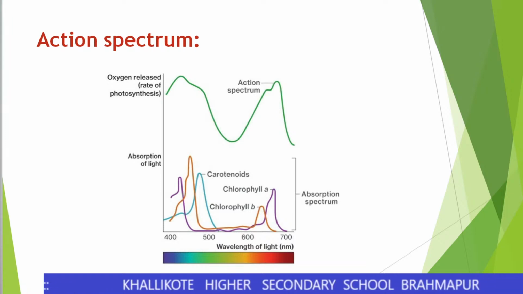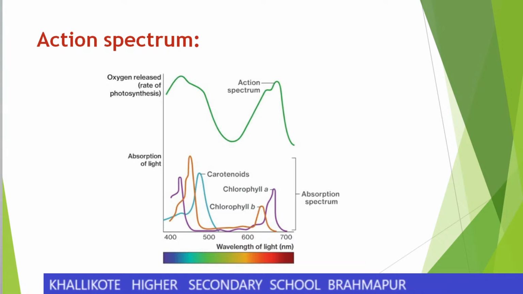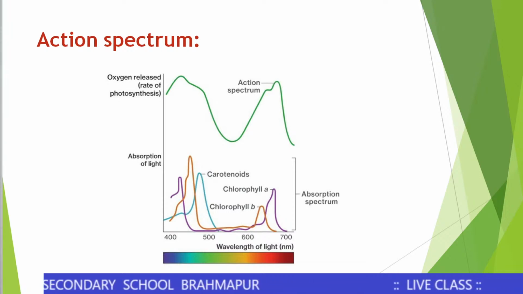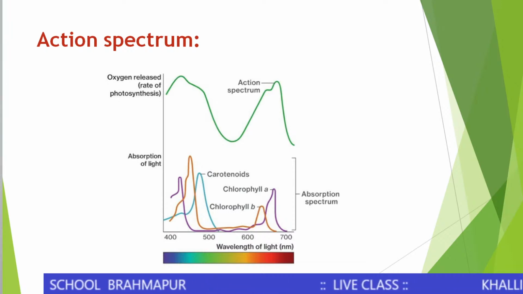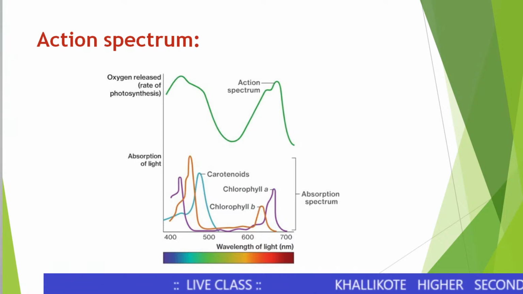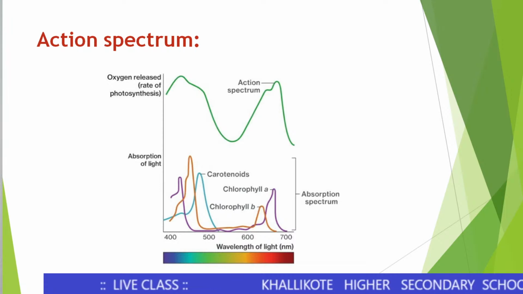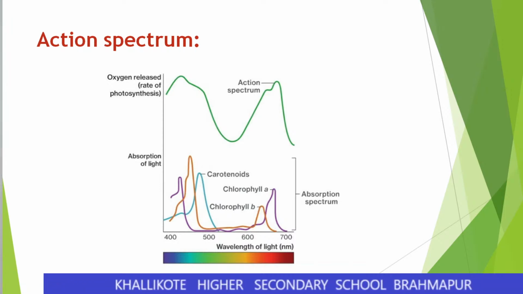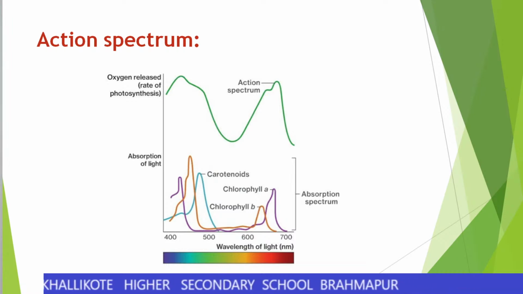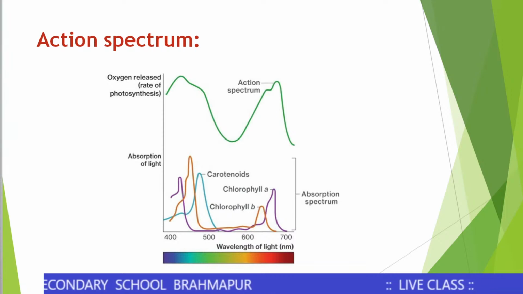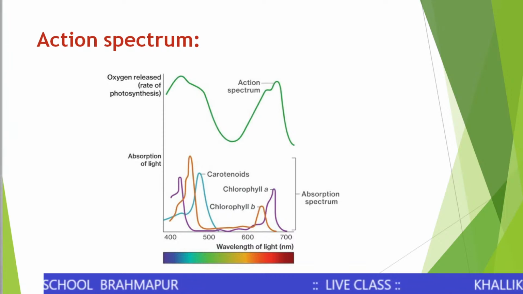In the experiment, he found that when photosynthesis started, the aerotactic bacteria were all clumped or started moving towards the Cladophora branch, where the branch was exposed to blue light, and also the region where it was exposed to red light. The number of bacteria in the area which was exposed to green light was minimum.